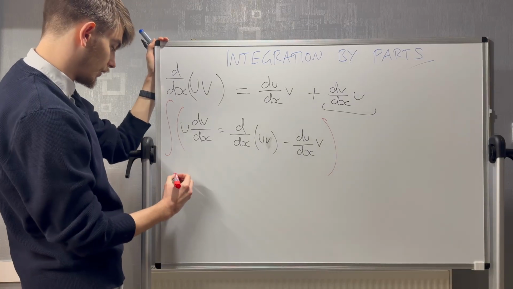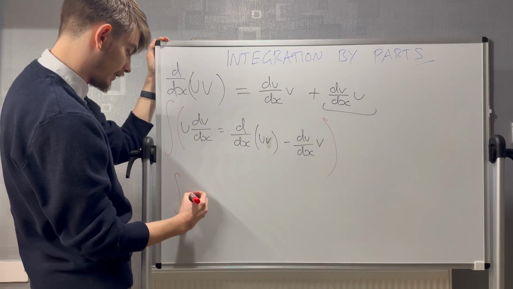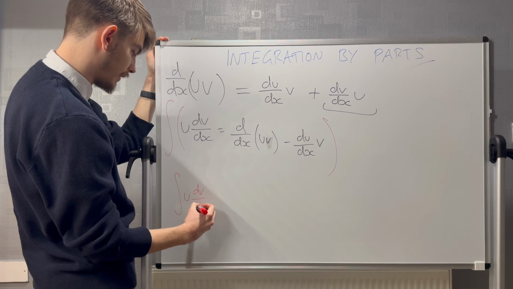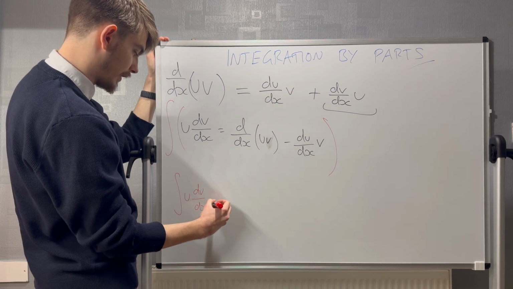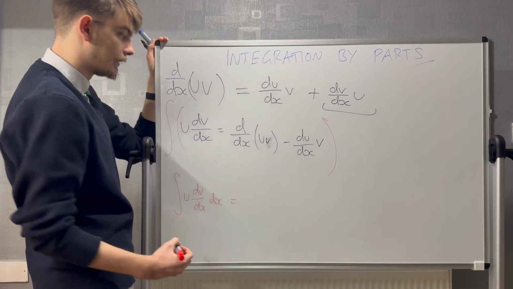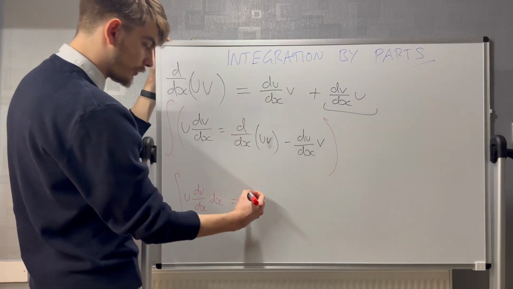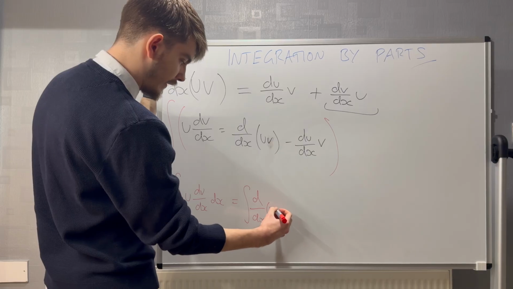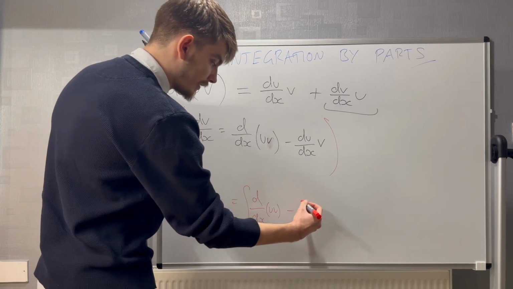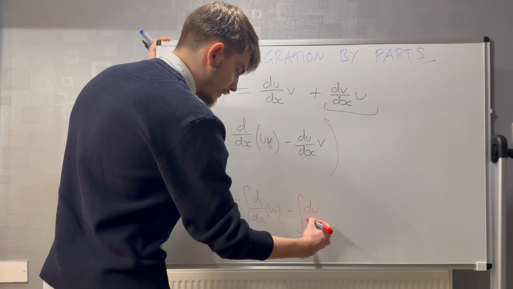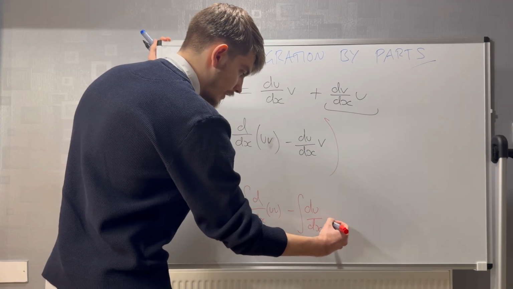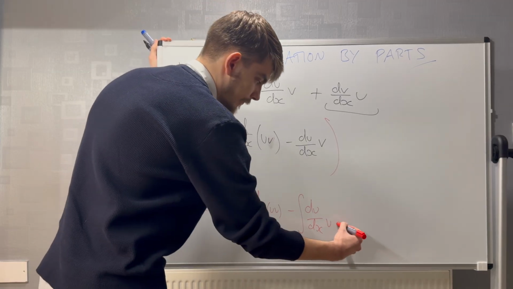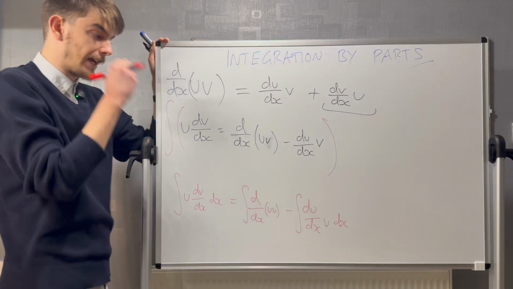So I can integrate the left-hand side, so u dv by dx is equal to the integral of d by dx of uv minus the integral of du by dx times by v, obviously the dx on the end there.